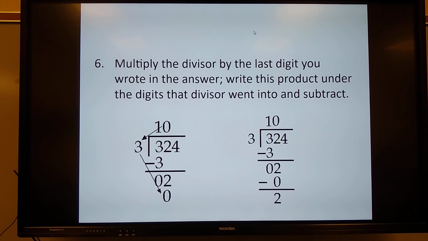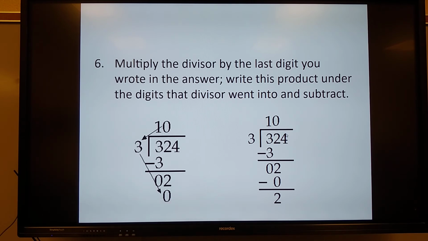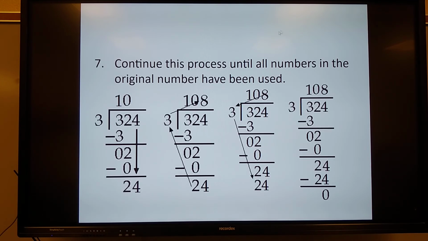Write this product under the digits that the divisor went into and subtract. So again, I divided. 3 going into 2 0 times. Now I multiply. 0 times 3 is 0. Now I subtract. 2 minus 0 is 2. Next step, I'll bring down the next unused digit, which will be 4. Continue this process until all numbers in the original number have been used.